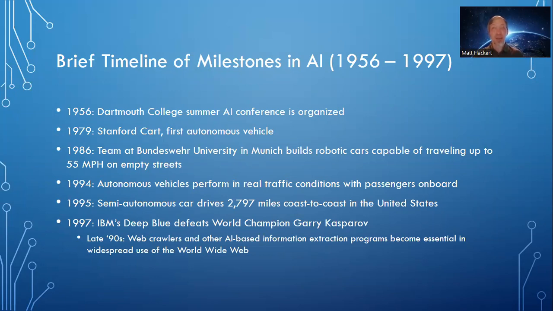So we'll start going back to 1956. The Dartmouth College Summer AI Conference is organized by John McCarthy, Marvin Minsky, Nathan Rochester of IBM, and Claude Shannon.